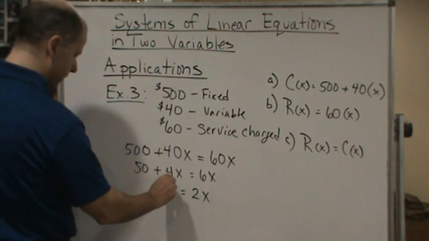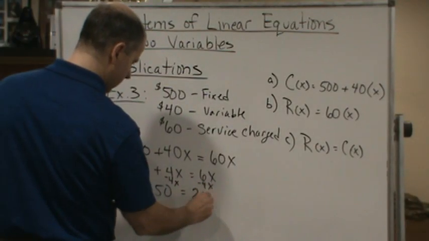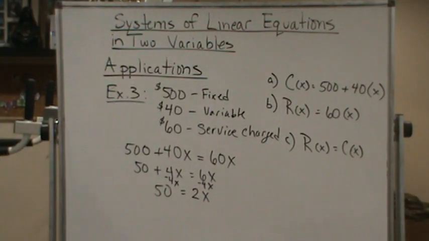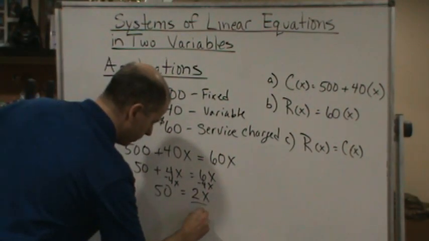Because if I subtract 4x from both sides, I get 2x is equal to 50, right? And then, of course, if I divide both sides by 2, I get x is equal to 25.